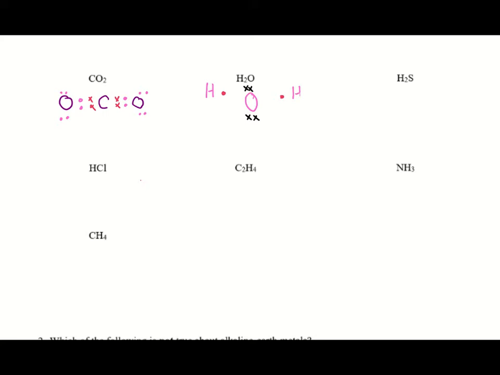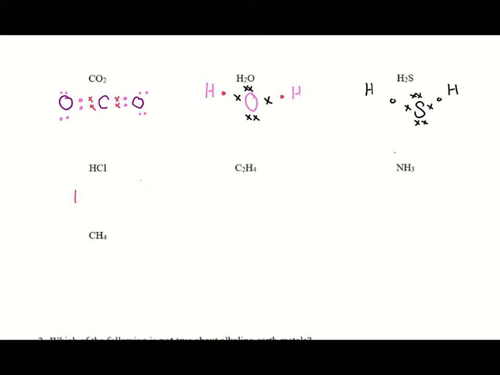So the 2 electrons will go to the 2 hydrogen atoms. In this example, H2S. It's very similar to H2O because S and O lie in the same group. So no difference at all between the bond in water and in H2S.